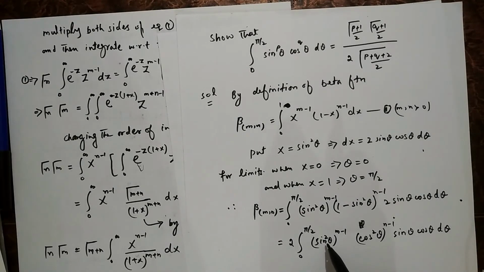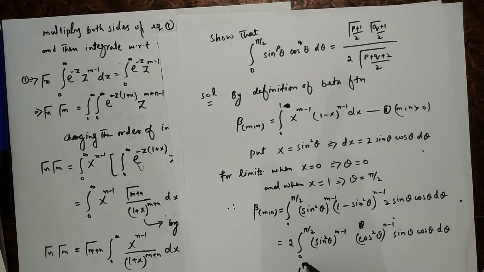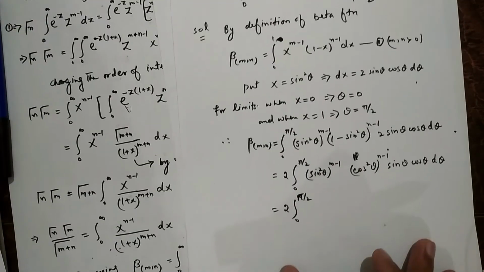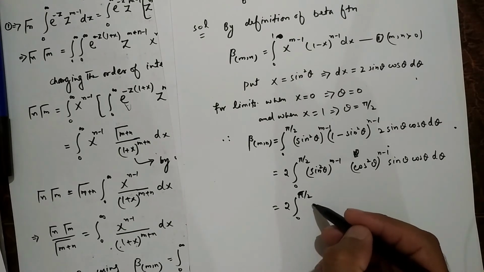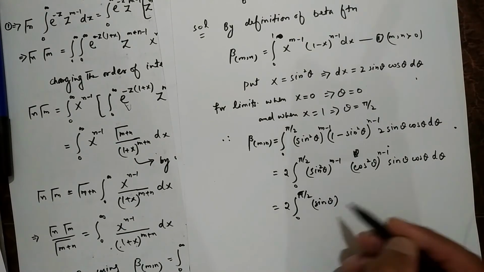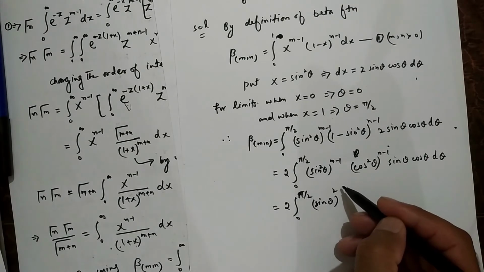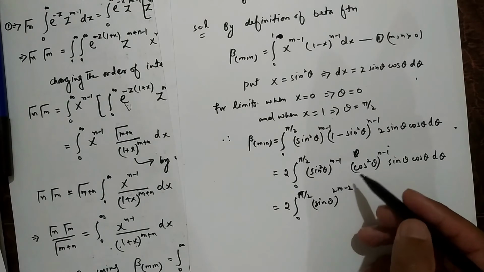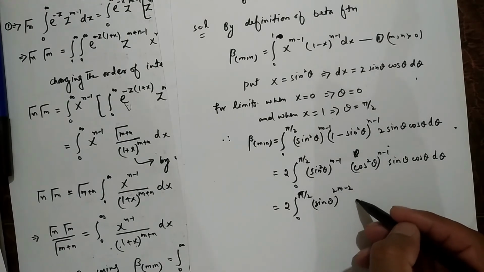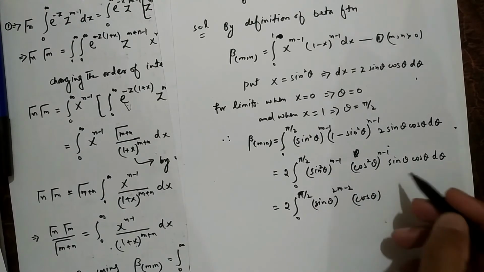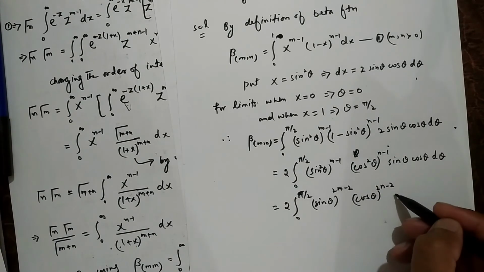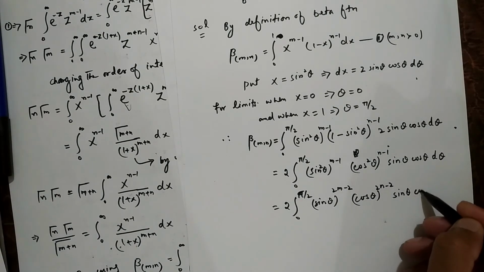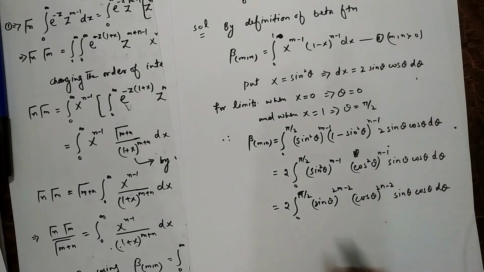Now multiply the square with the upper power, this will be integral from 0 to pi upon 2 sine of theta to the power 2m minus 2, and cos of theta to the power 2n minus 2, and sine of theta cos of theta d theta.